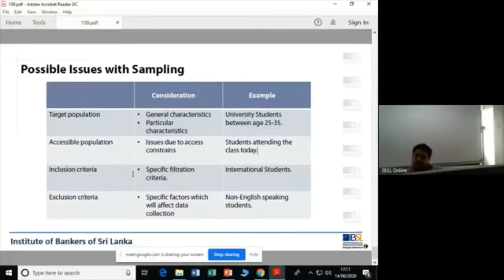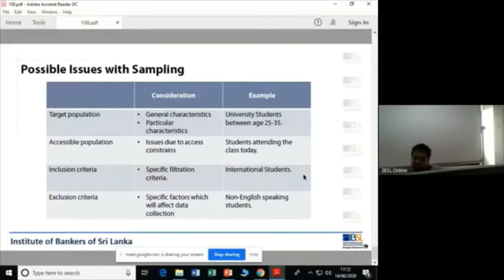Inclusion criteria and exclusion criteria are where you could select a sample from a population depending on your choice. Now look at this filtration. You tend to have a specific filtration, international students. Now your population is 25 to 35 students first, then you tend to select a particular class, and there can be more students in that class, but your study always limits to the students who are attending the class on that day.